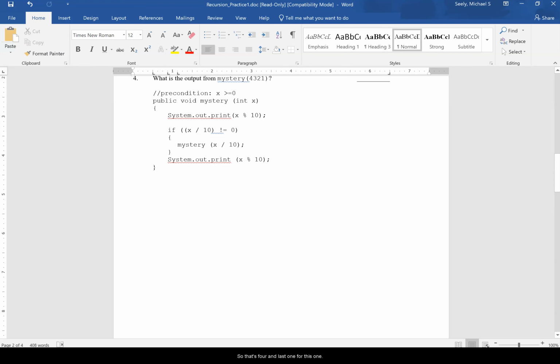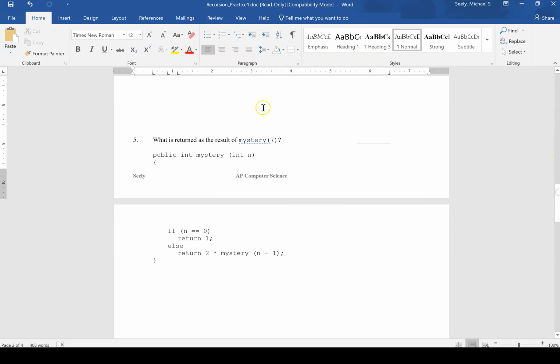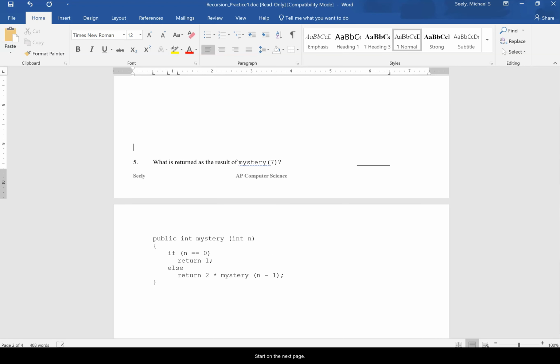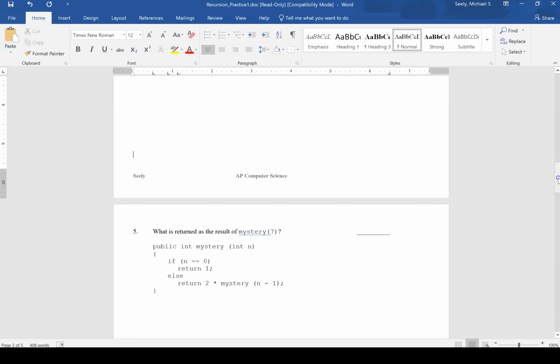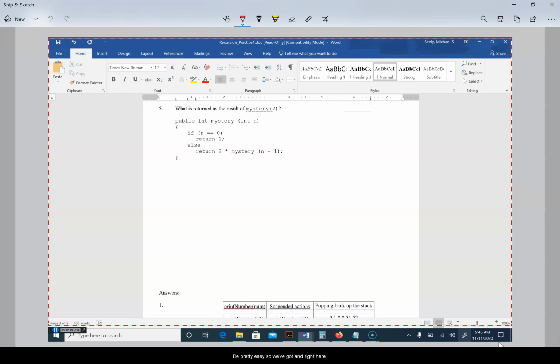Okay, so that's 4. And last one for this one, just start on the next page. What is returned as a result of mystery 7? Should be pretty easy.